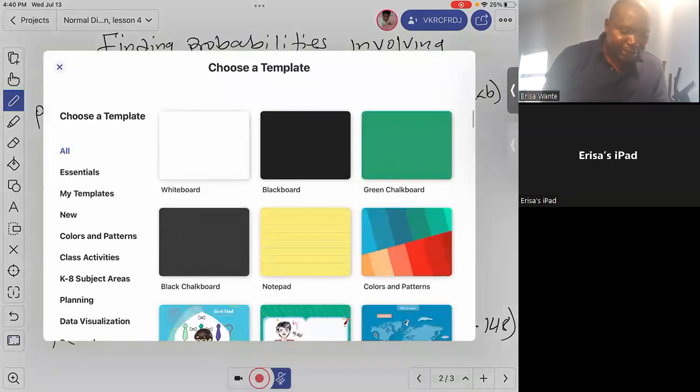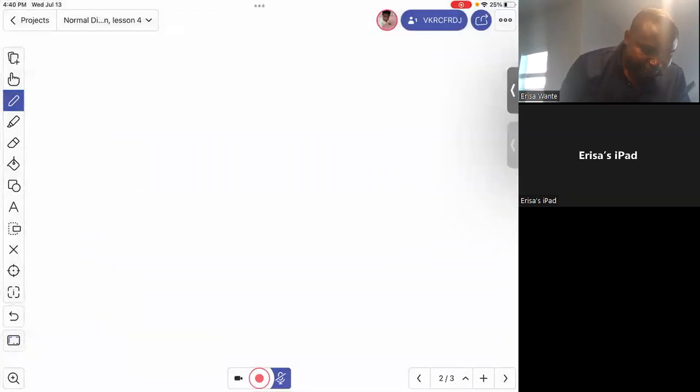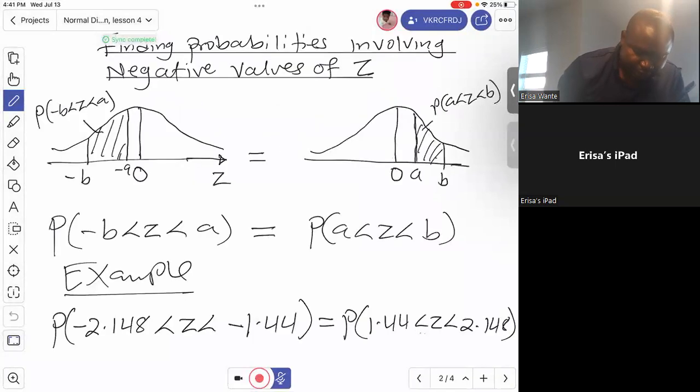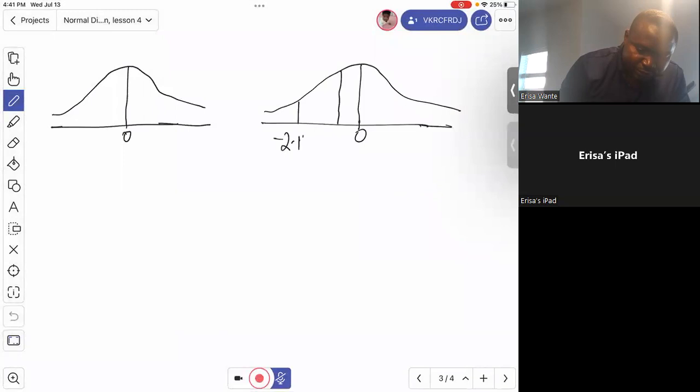So I want to have this probability right here. I will sketch it and show you what I'm talking about. That is a funny normal curve, but it's a normal curve anyway. So this is the 0 line. The normal curve will always be symmetric about the mean. I have these two negative values, negative 2.148 and negative 1.44.